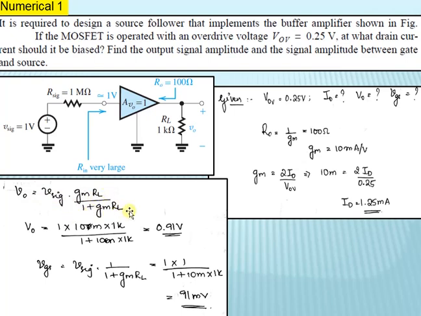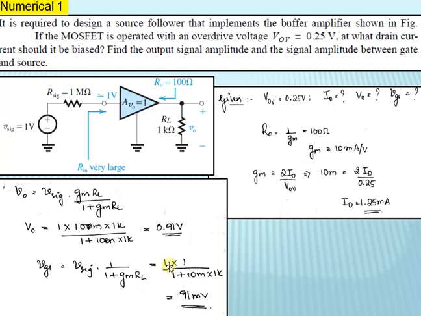To compute the output voltage, V signal into gm into RL divided by 1 plus gm into RL is the equation used. We know that V signal is equal to 1 volt from the circuit. RL value is equal to 1 kilo ohm. Substitute the value of gm that you have obtained and you get the value of output voltage to be equal to 0.91 volt. To compute the gate to source voltage, we have the equation which we have seen in the design, which is V signal multiplied with 1 by 1 plus gm into RL.